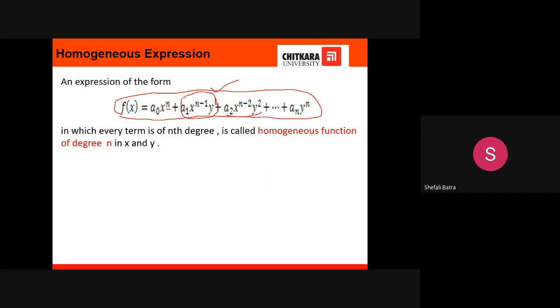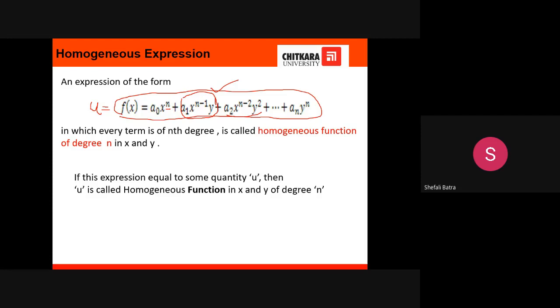Right? If I'll equate this expression to any function, let's say u, so you can say that u is a homogeneous function in variables x and y of degree n. Right? So if I'm writing x square plus 2xy plus y square, this is a function of two variables x and y.